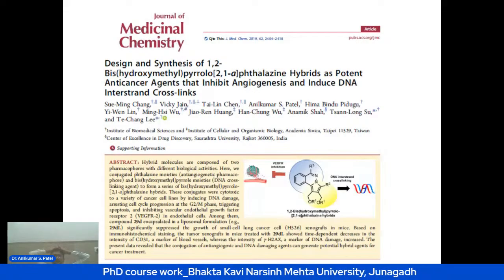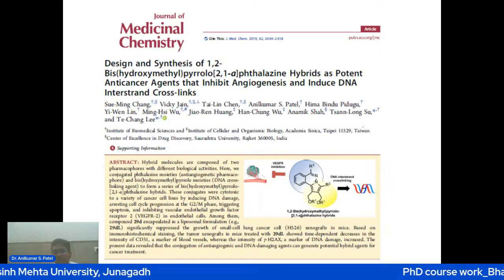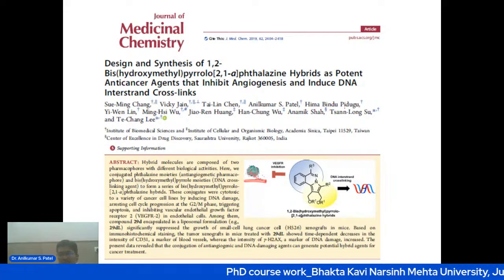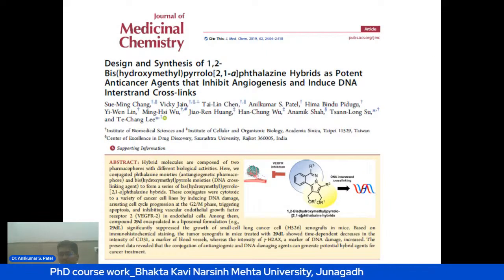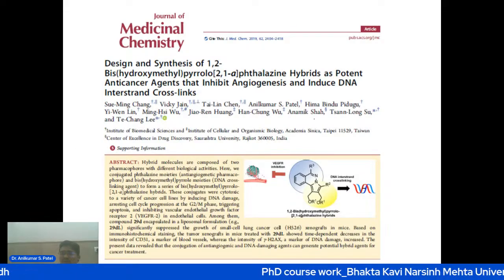After this work, we took this compound as a lead molecule and designed new molecules, focusing more on the lipophilic part.